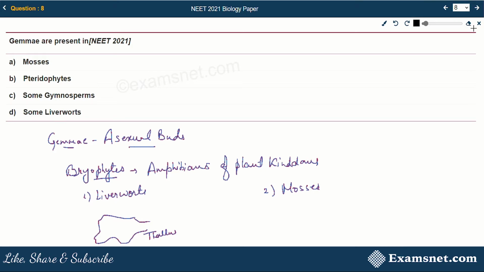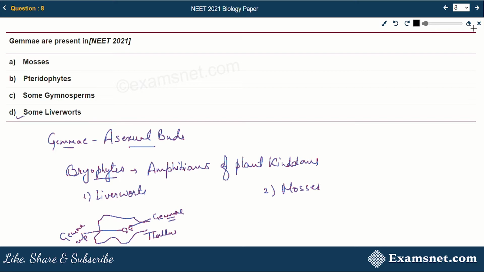Now on this thallus, we can find small receptacles, and inside these receptacles, you will find gemmae. These receptacles are known as gemma cups. And inside the gemma cup, you can find gemmae. So the correct answer is liverworts.